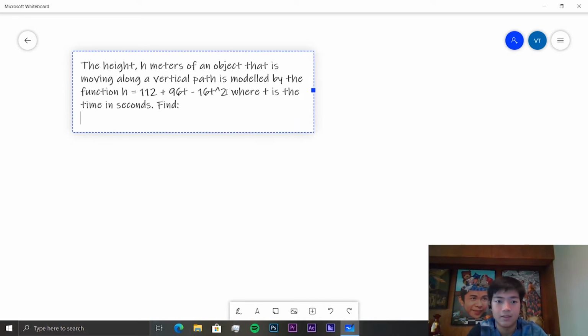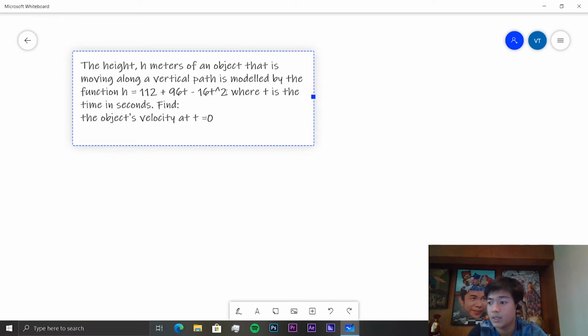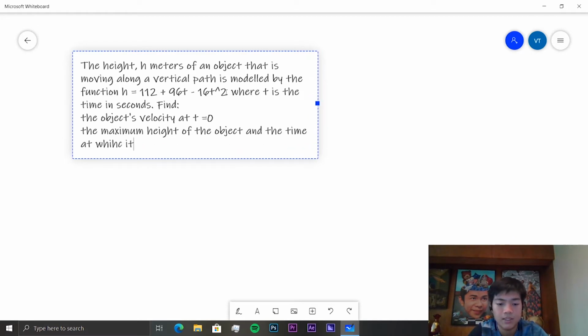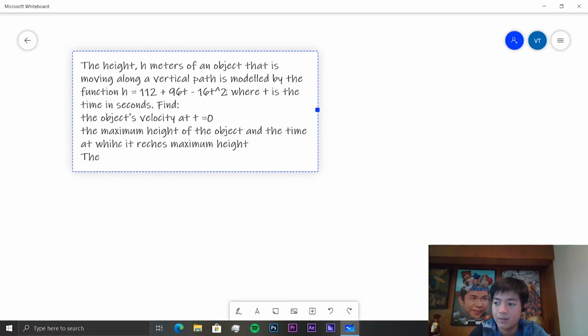Find the object's velocity at t equals 0, the maximum height of the object, and the time at which it reaches maximum height, and the object's velocity when h equals 0.